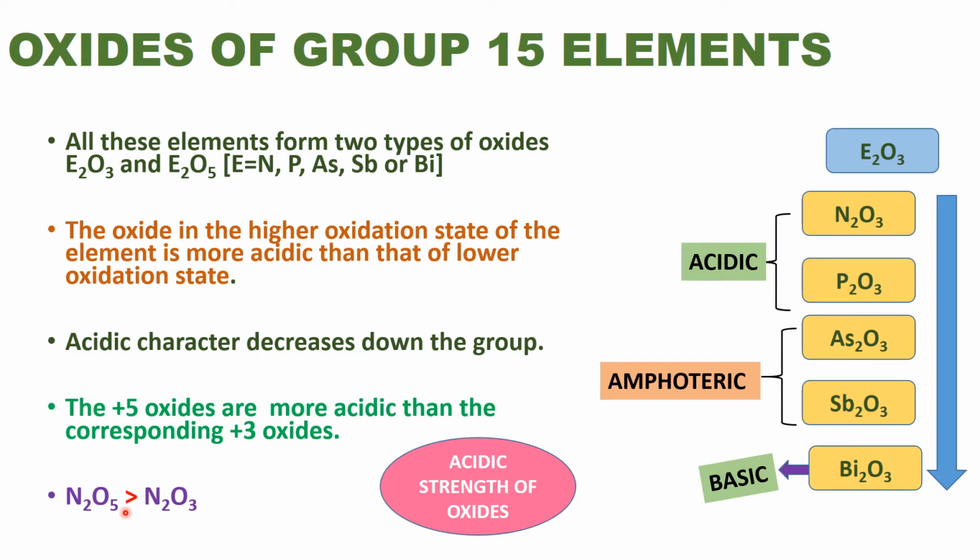Therefore, N2O5 is more acidic than N2O3. This is the acidic character of the oxides of group 15 elements.